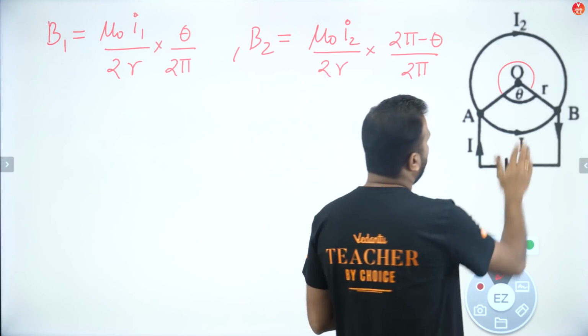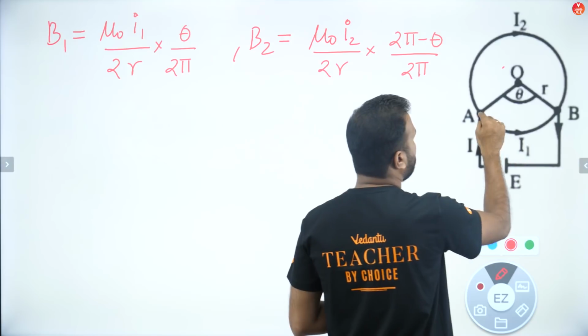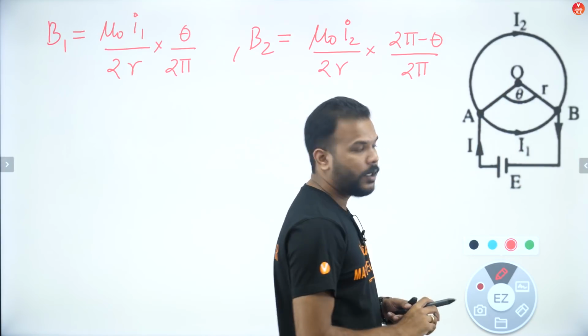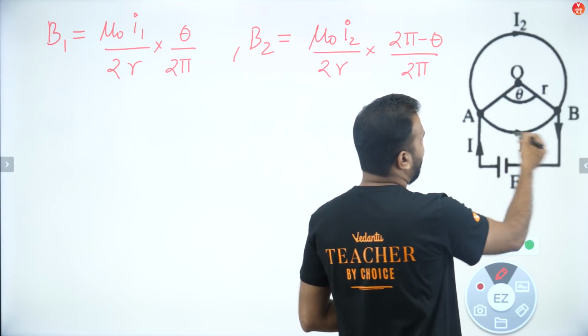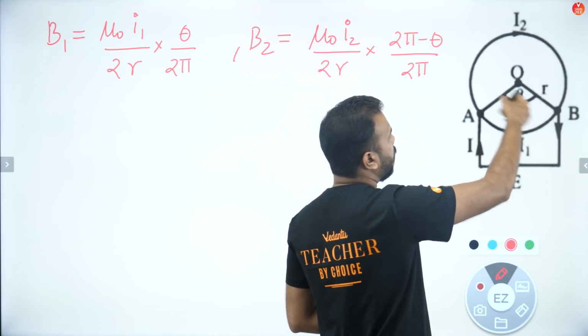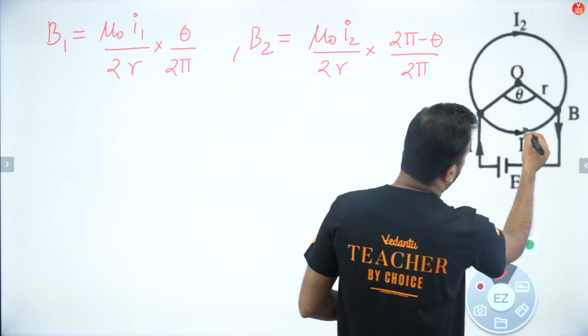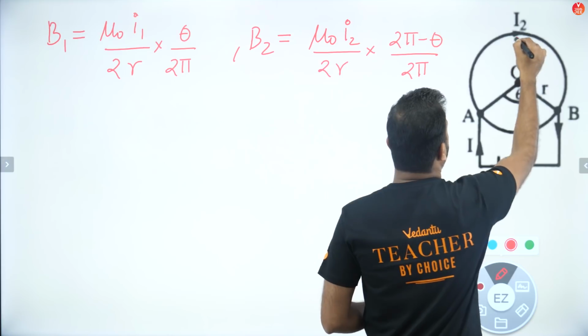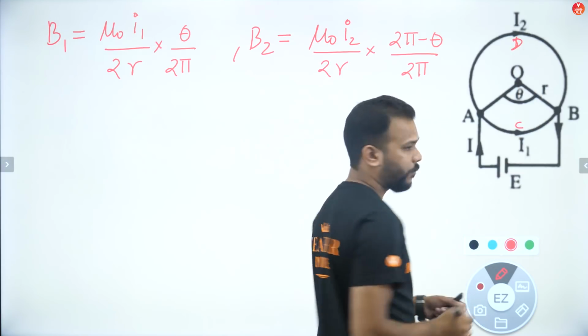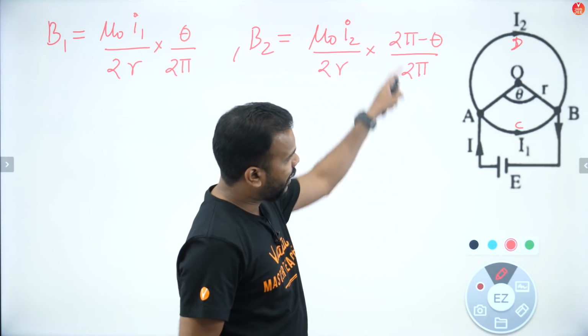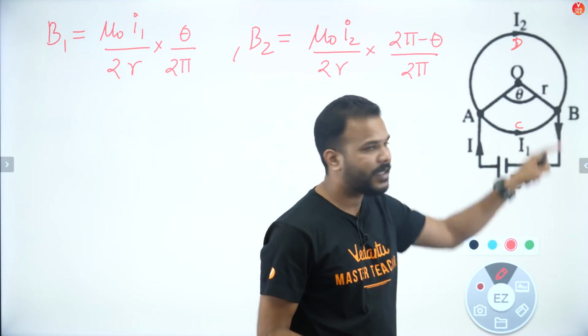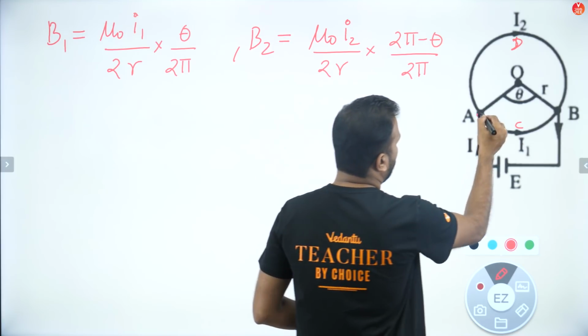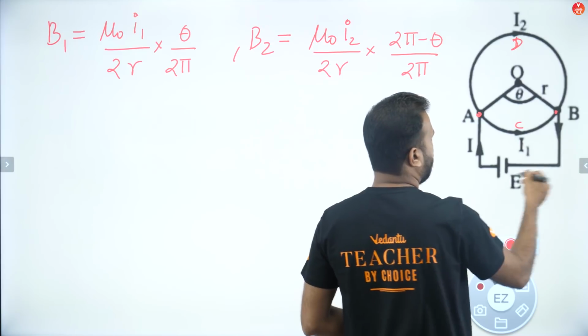Now what you see here is that the current, when it is reaching point A, is getting branched out. Let's call this point C and this point D for our understanding. Can I say that the ADB section and the ACB section are both connected across the same potential difference, which is the battery?